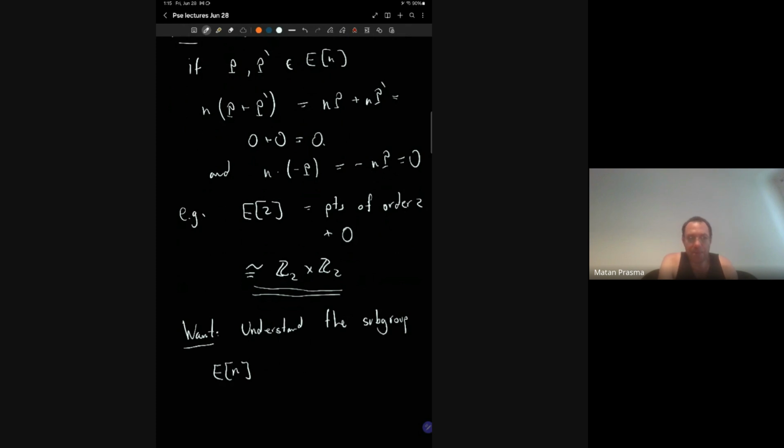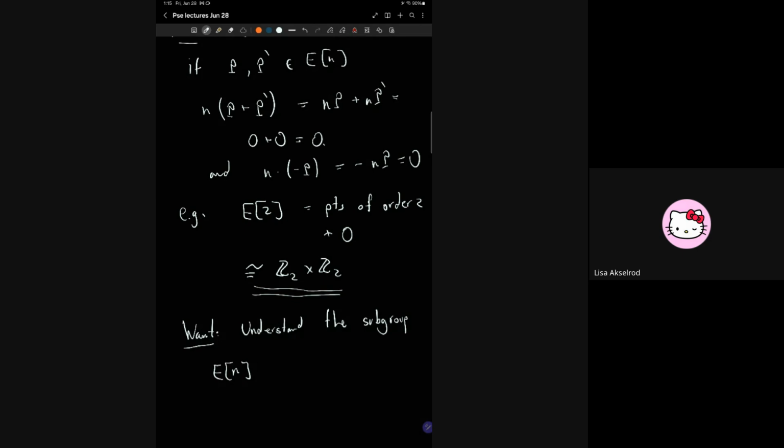Do you have a guess what we should expect E[n] to be? It's not a difficult question. Just extrapolate from the case that you know. All points of order n and the point at infinity?